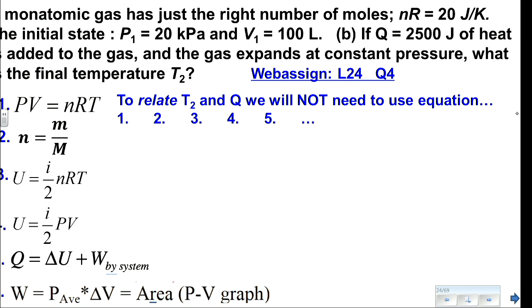So, well, which equations do you think we should use, at least at the beginning, to relate? What do we need to relate now? We need to relate the amount of heat and eventually the temperature.